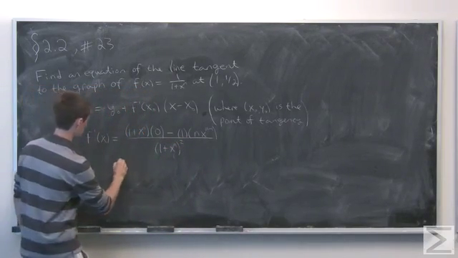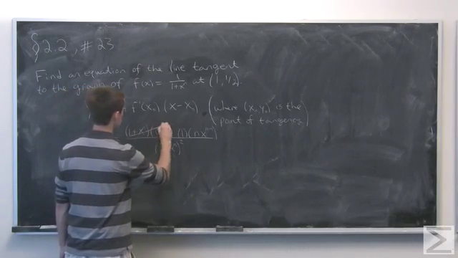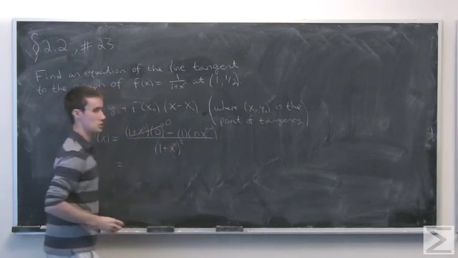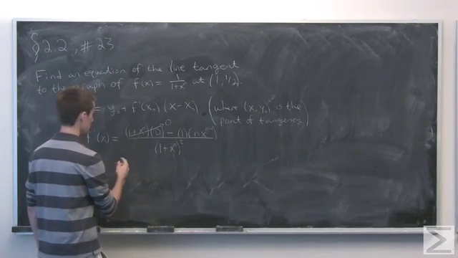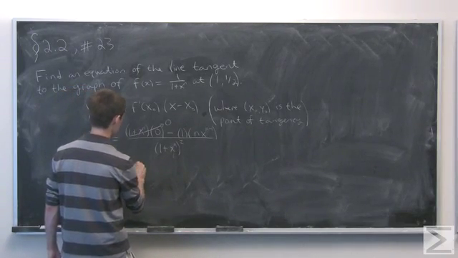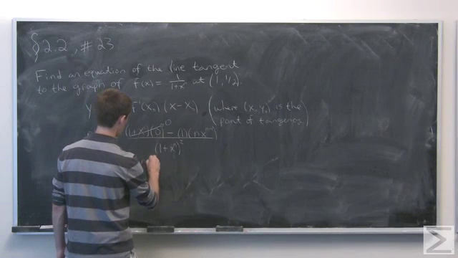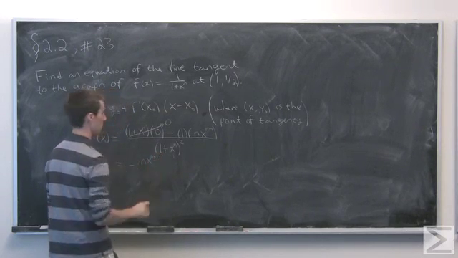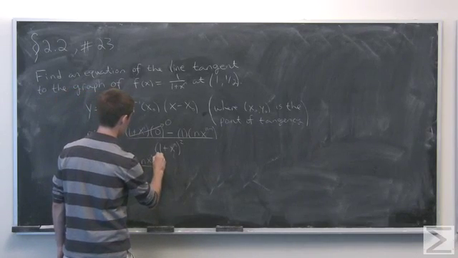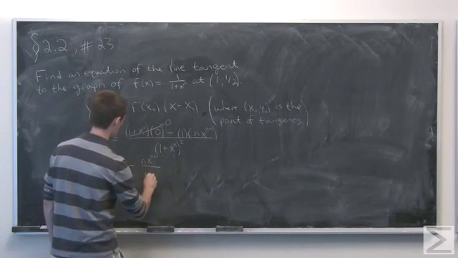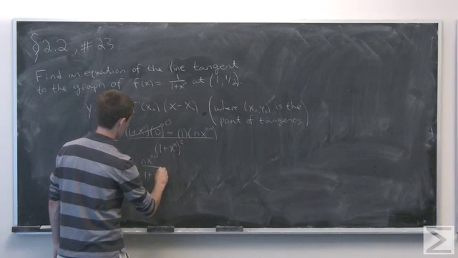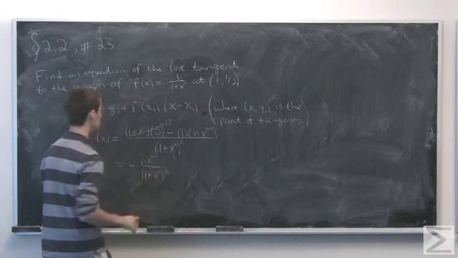All right, so if we simplify this a little bit, we see that the first term in the numerator is just 0. So this is going to equal negative n x to the n minus 1 over 1 plus x to the n squared.